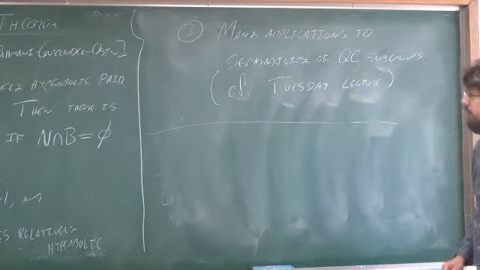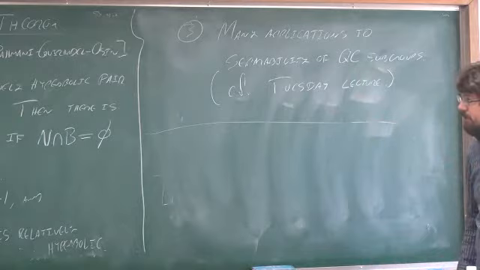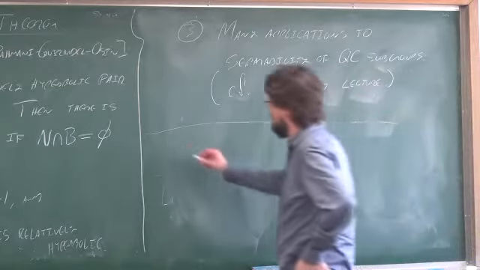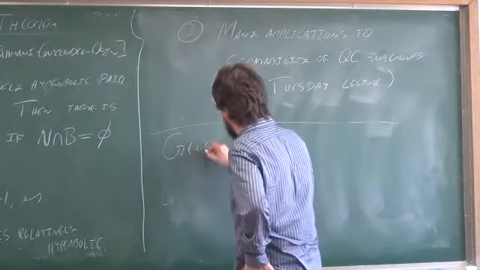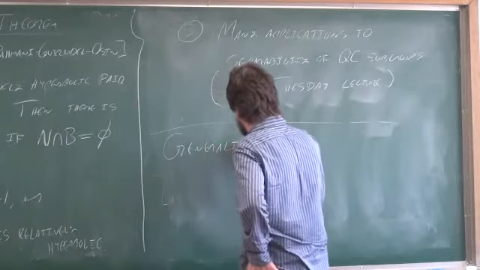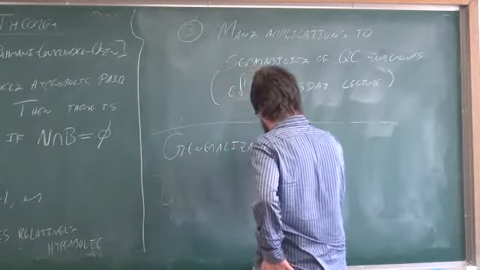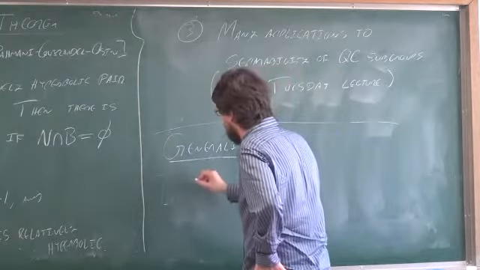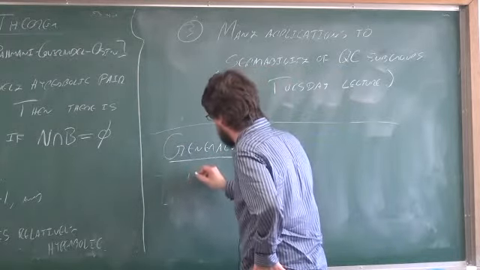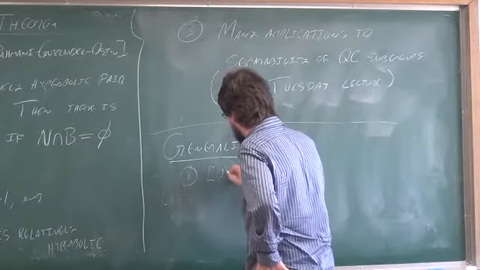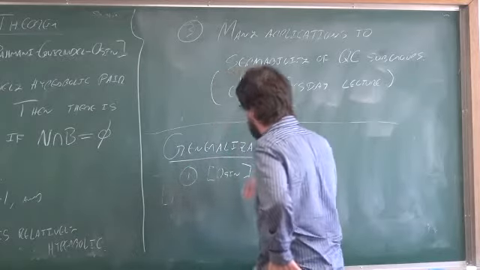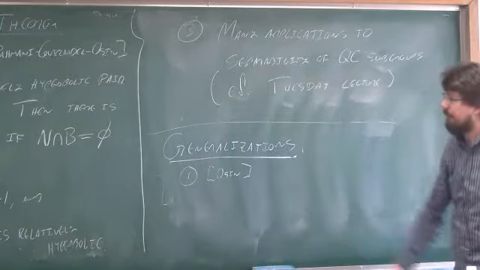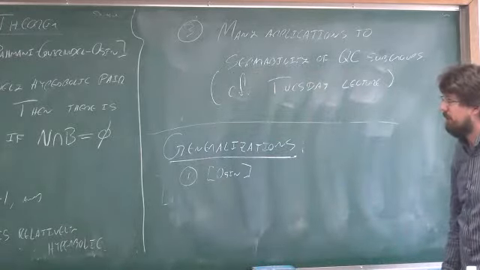I also want to talk about some generalizations of this theorem. In Osin's original paper, he actually proved a slightly more general result than this, which you can get fairly easily from the result that I wrote down.